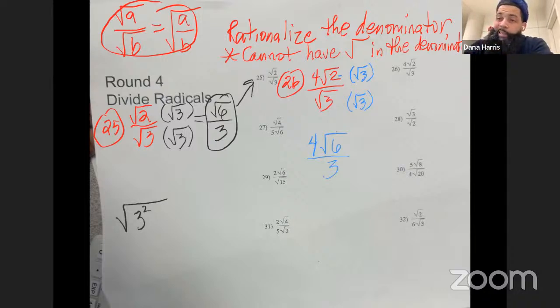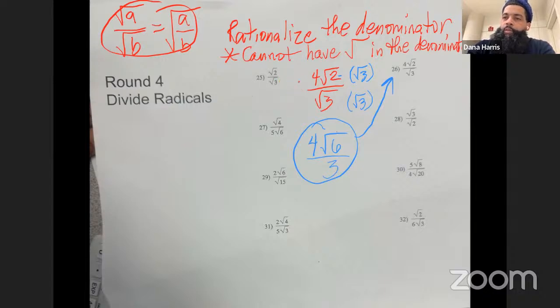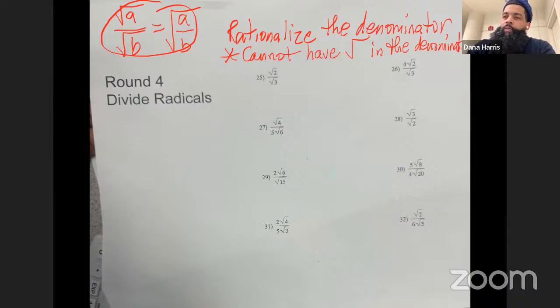All right, and that's it. You can't simplify this fraction, so that's the answer to 26. All right, let's erase. 27.